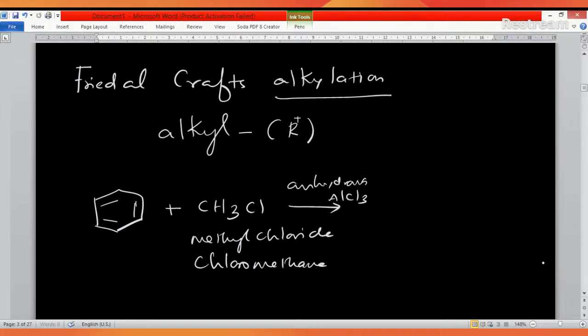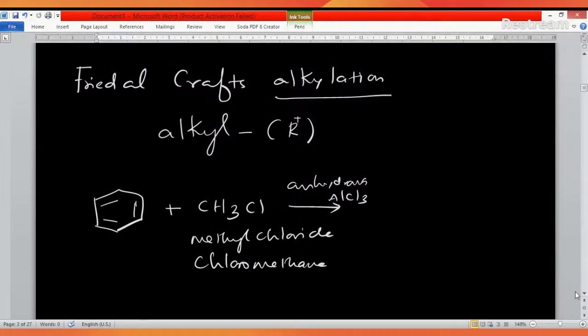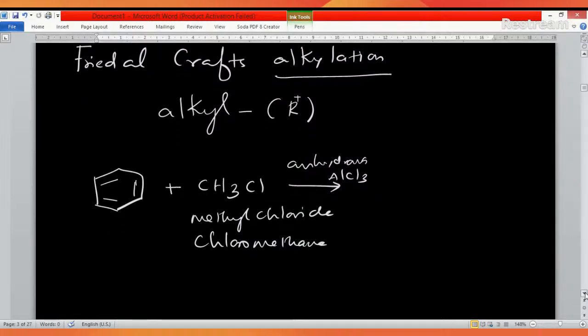That would be the reagent in the Friedel-Crafts reaction. What's the importance of anhydrous aluminum chloride? You can understand that anhydrous aluminum chloride is a halogen carrier.